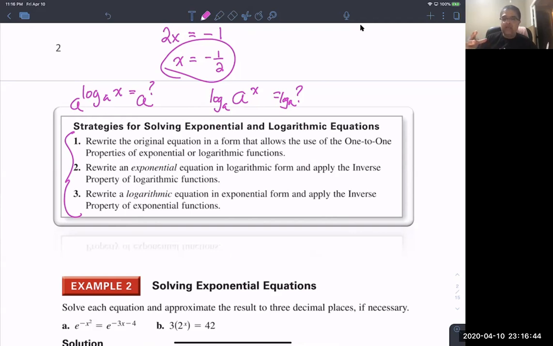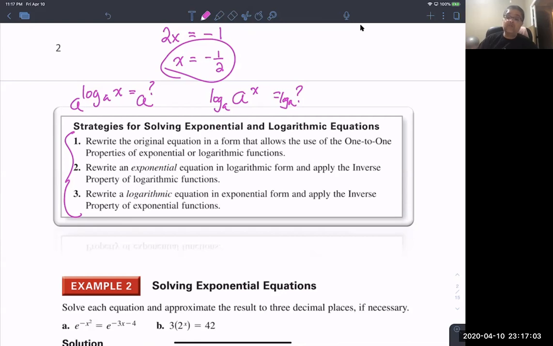And if not, then you have to do the inverse of exponentials, which is log. And if it's multiple logarithms, you have to use your properties of logarithmic contraction, like the product rule, the power rule, and the quotient rule to write it as one log before you take the inverse.